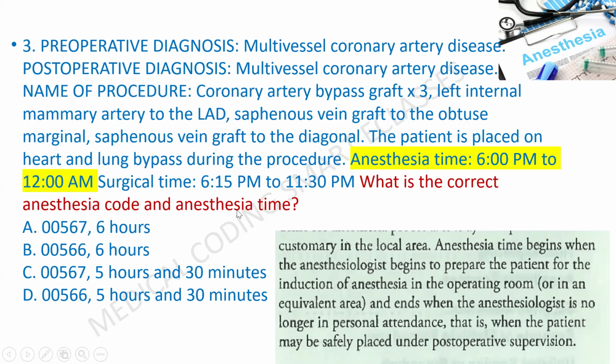So we know what the anesthesia time is. Anesthesia time is the time when the anesthesiologist is looking after the patient, and that is 6 to 12, so 6 hours. Here we have two times, one is surgical time, another is anesthesia time. But the question is about the anesthesia time, so we are going with the option of 6 hours.